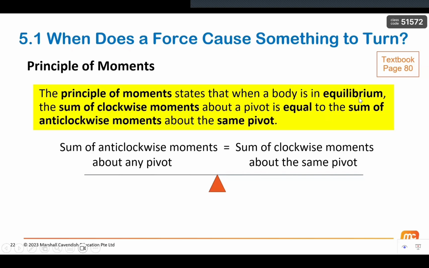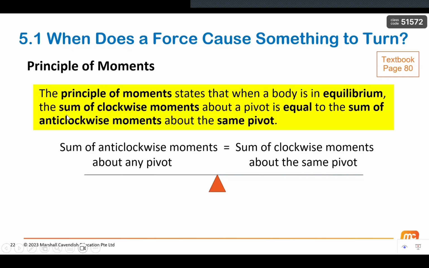So there are conditions for equilibrium other than clockwise equal to anti-clockwise moments. Okay, the resultant force acting on the object must also be zero so that the object doesn't move at all. It doesn't rotate, it doesn't move. In this case, this one is only for no rotation.